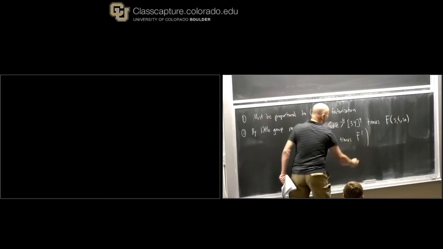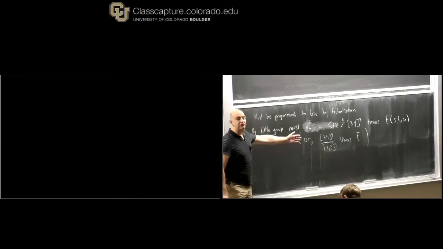Here are two different ways. There are many more. But here I've written on the board two different ways to manifest and implement the correct little group scaling that this amplitude should have.